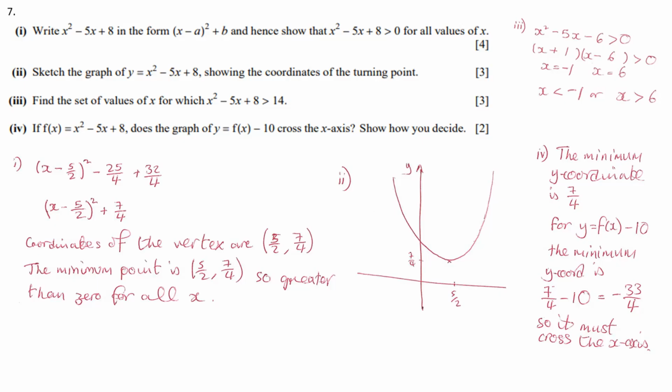So from being the minimum point of 7/4, you move it down 10. So the x coordinate stays the same. The new minimum y coordinate is -33/4. And that shows that it was positive before, now it's negative, so it must have crossed the x-axis.